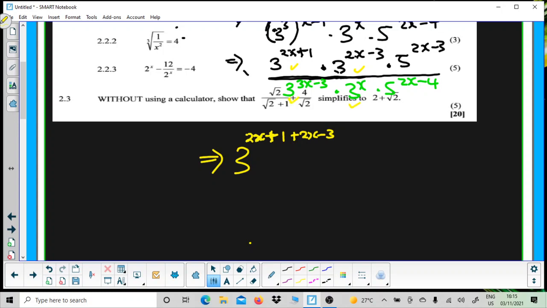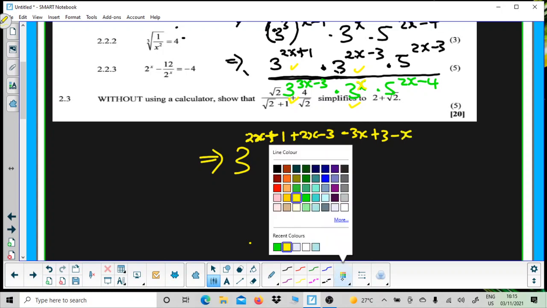For the denominator, however, you have to subtract. So to do that fast, you just change the sign of the exponents. So this is 3x minus 3. You write it as minus 3x plus 3. Are you seeing that? And then this x here that we have here, positive x, how do you write it? Negative x. I'm done with that part.